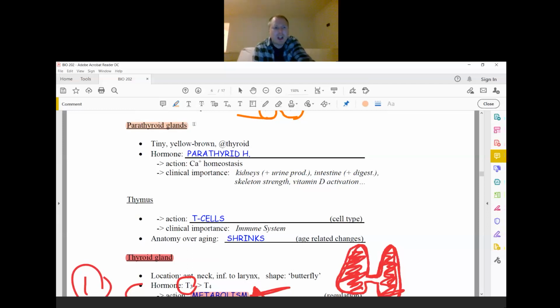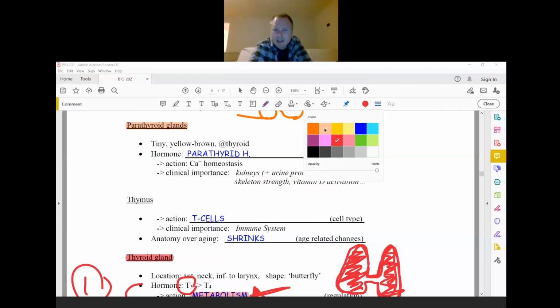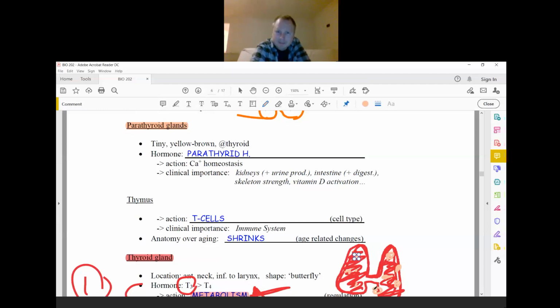So these are tiny yellowish or brownish dots, if you wish, within the thyroid. So I'm just going to add them to our diagram here. So there are these dots that we see here within the thyroid gland.